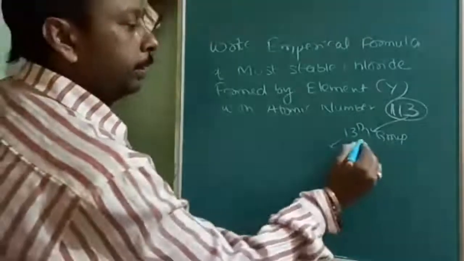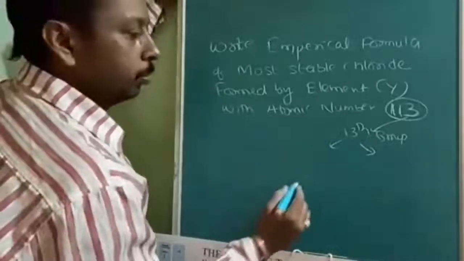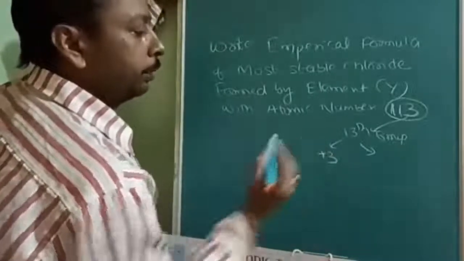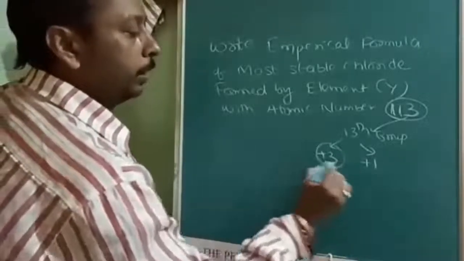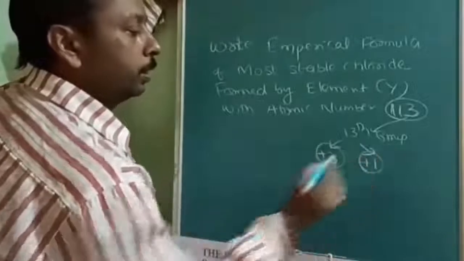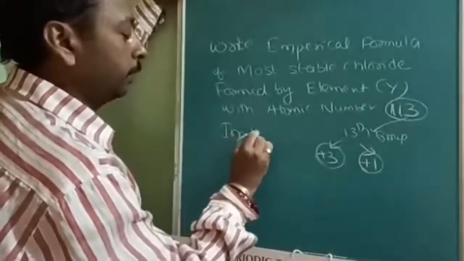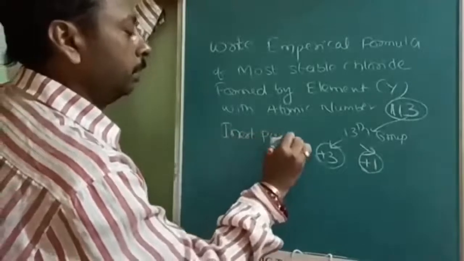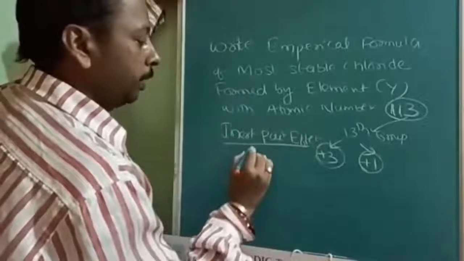Mostly +3, sometimes +1 also. Why it is so, we will come to know when you study the 13th group, which is called the inert pair effect. Down the group, the inert pair effect increases.